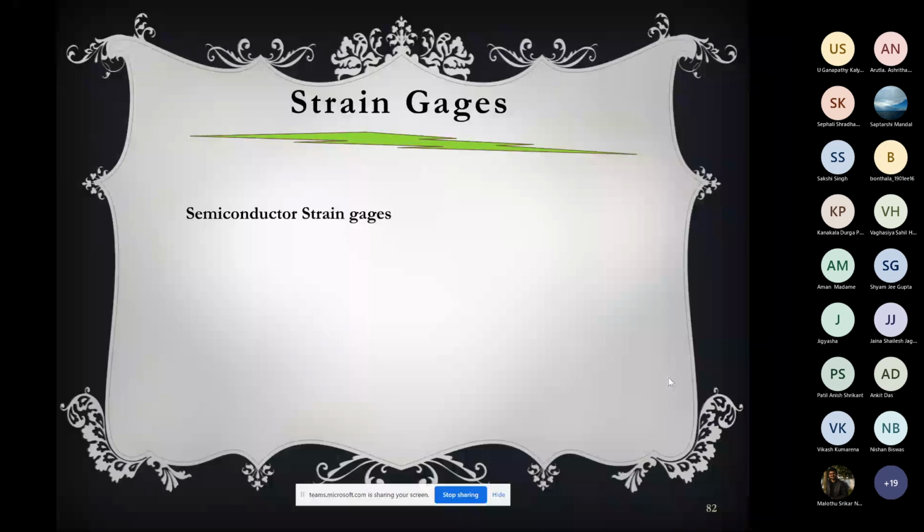Now let's come to the point where we will not neglect the change in resistivity due to the change in strain, and that is called the semiconductor strain gauge. These types of strain gauge are made from silicon crystal and are available in N or P type.